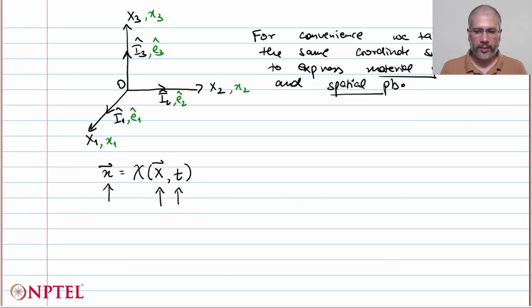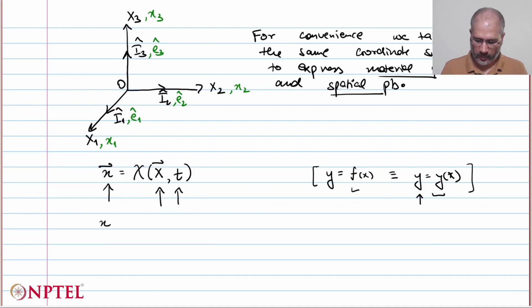So this chi is a vector function because it returns a vector. In fact, just the way we write sometimes y as a function of x, instead of using f, we use the same variable y to express the function as well as to express the output value.